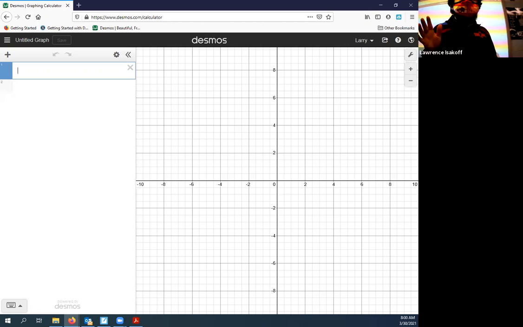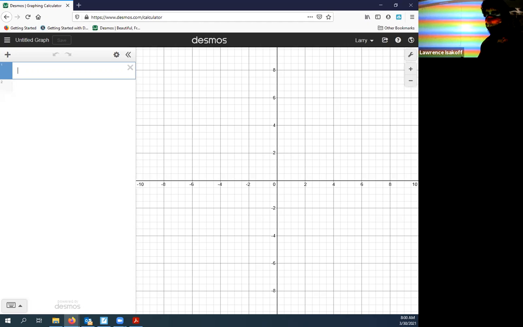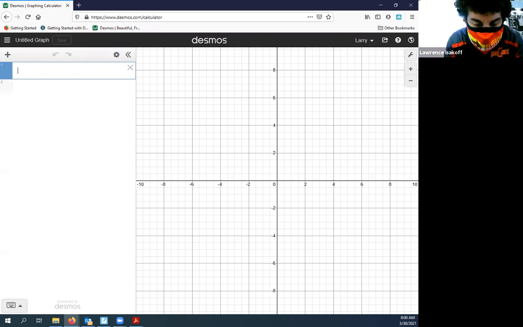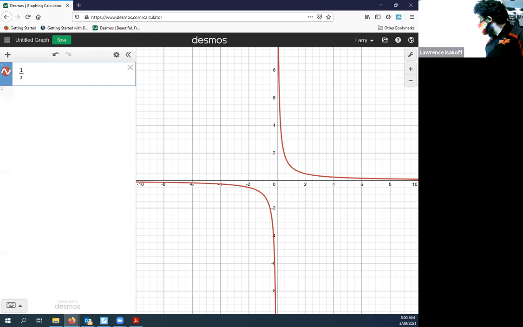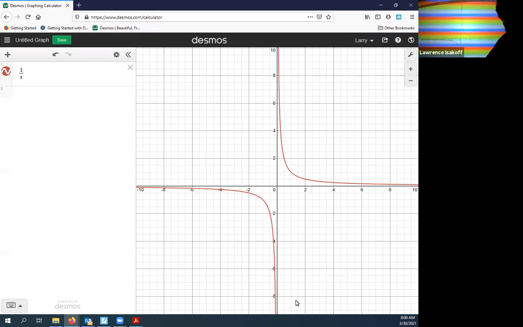So the first thing I want to talk about is, what is an asymptote? An asymptote is a line that a graph approaches. So if I look at the graph 1 over x, I see asymptotes of the y-axis, as it looks like this graph wants to shoot down the y-axis, then it comes down from the top of the y-axis here.